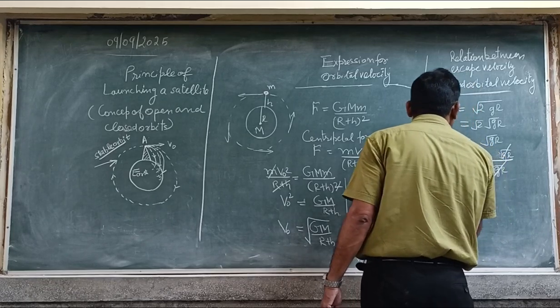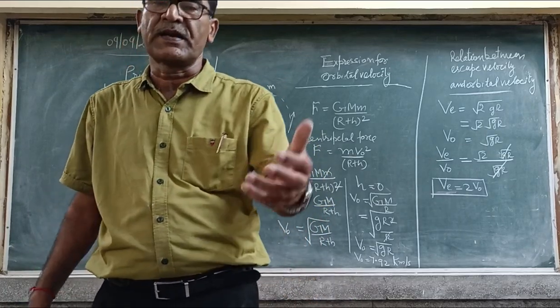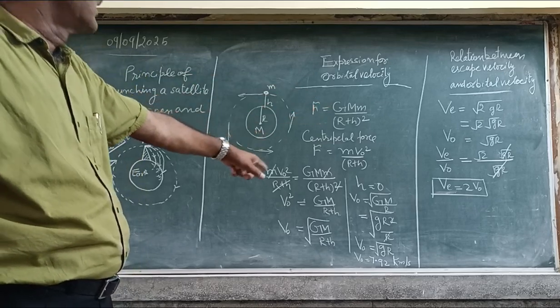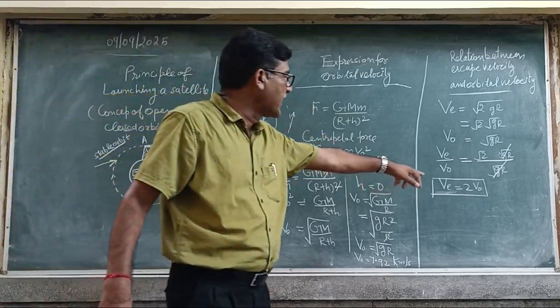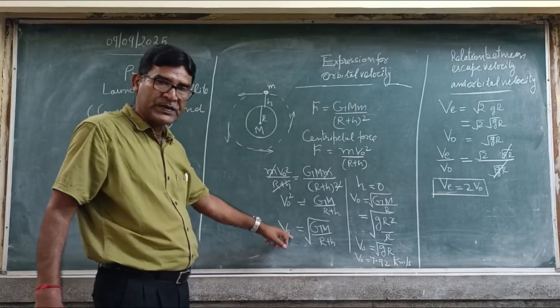You can simply find out the escape velocity if the orbital velocity of a satellite is given. This is how we can see the relation between escape velocity and orbital velocity, and this is the expression for the orbital velocity of a satellite.